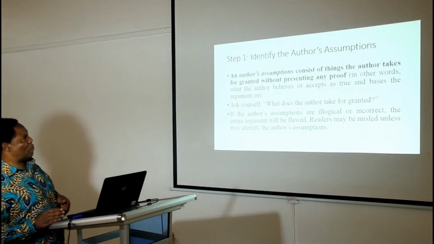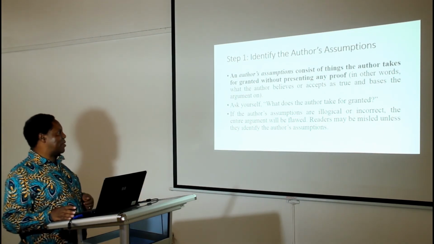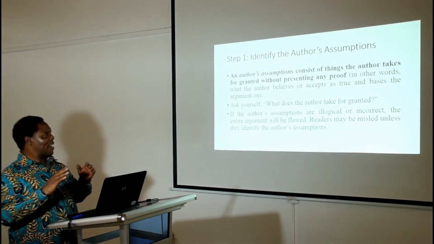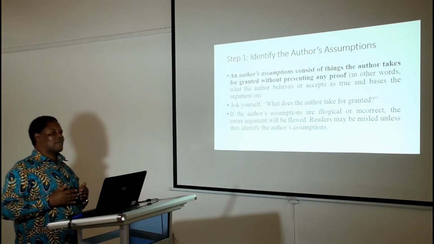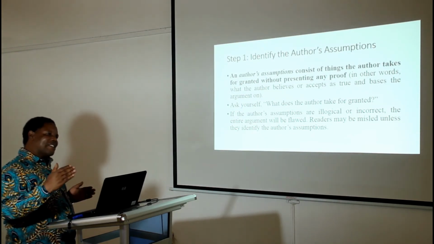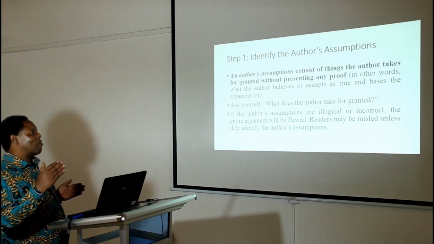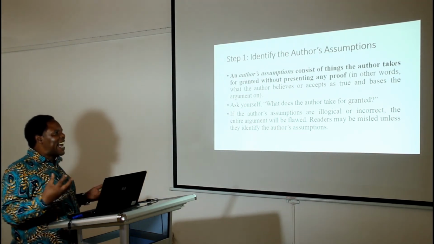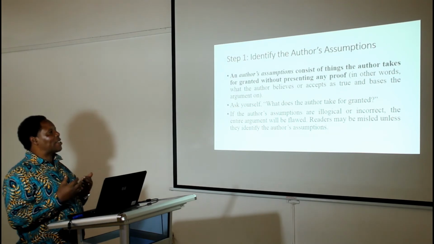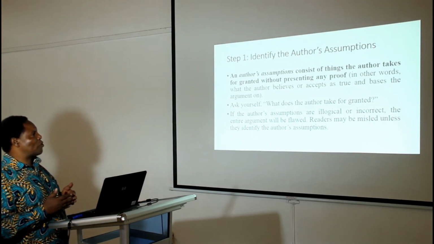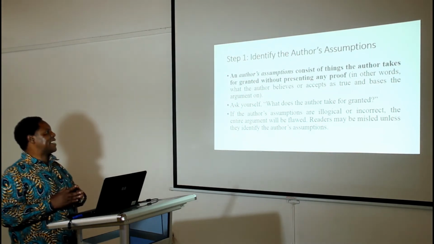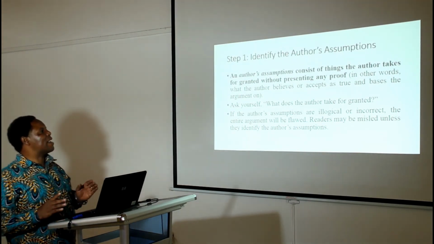First step, you have to identify the author's assumptions. When you read, you try to assume what the author is trying to articulate. And the author's assumptions consist of things the author takes for granted without presenting any proof.